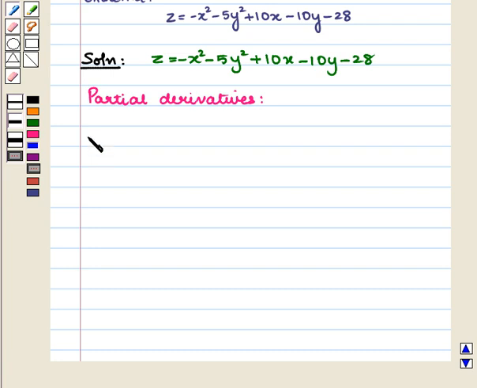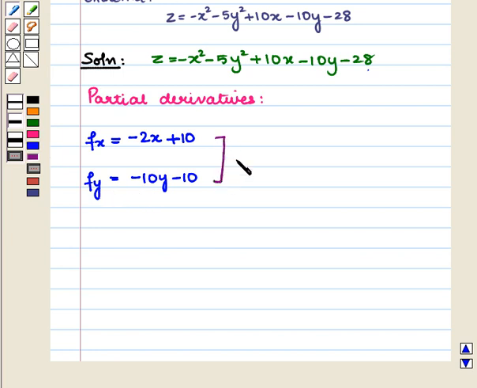We have f sub x will be equal to minus 2x plus 10, as we have to keep y constant for finding the partial derivative of z with respect to x, and f sub y will be equal to minus 10y minus 10, as here we keep x constant while finding the partial derivative of z with respect to y.